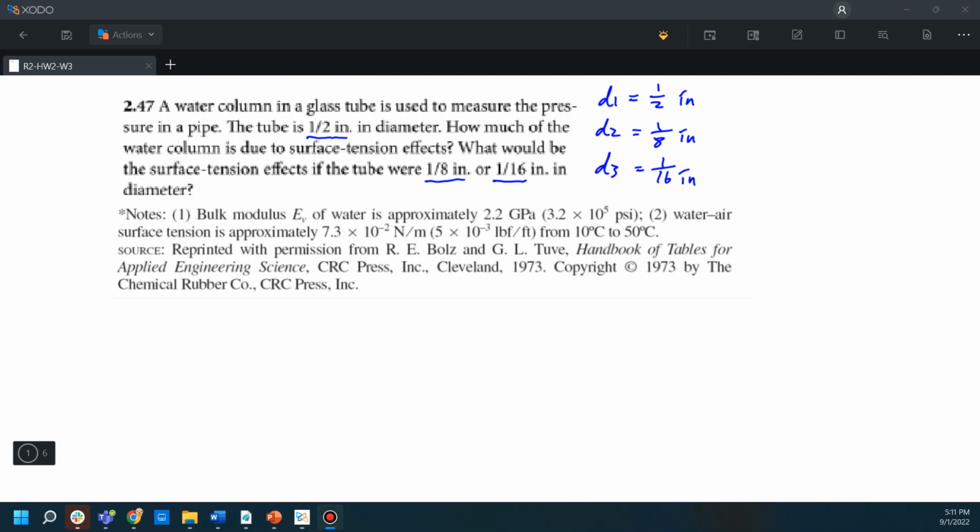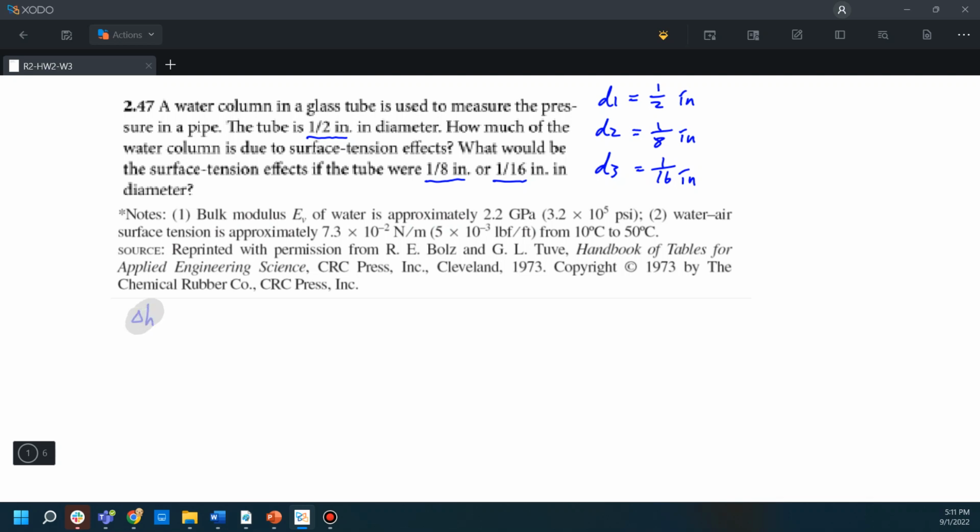Okay, so to calculate the water column, the height change of the water surface due to these surface tension effects, we will apply the surface tension force equation.